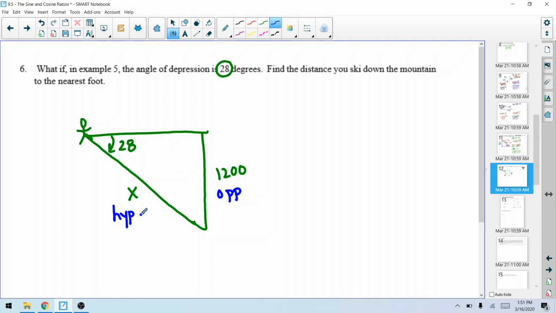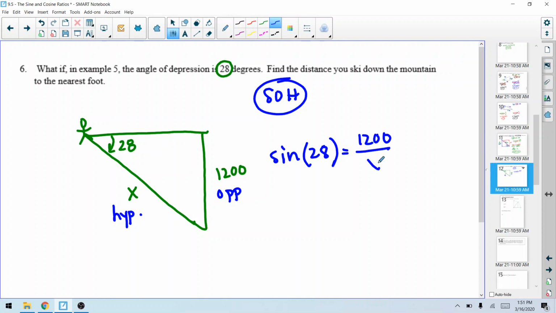hypotenuse. Still working with sine, so opposite over hypotenuse. Sine of 28 degrees equals 1,200 over x. So this is the same thing as before, we just changed the reference angle. So instead of dealing with the 21, we're dealing with the 28.